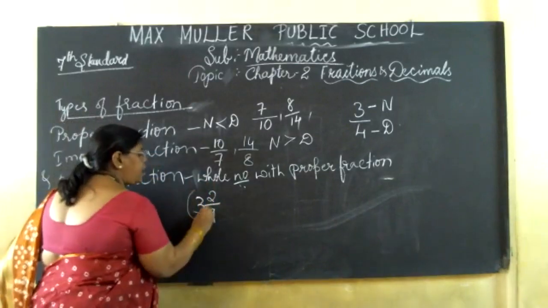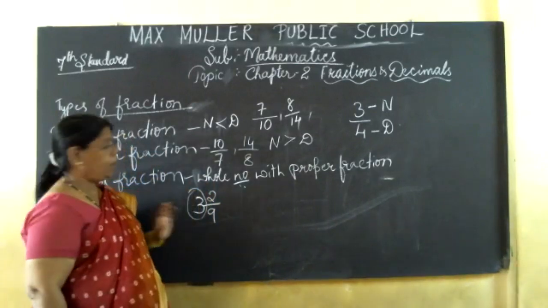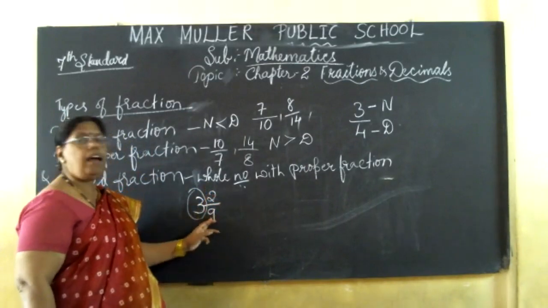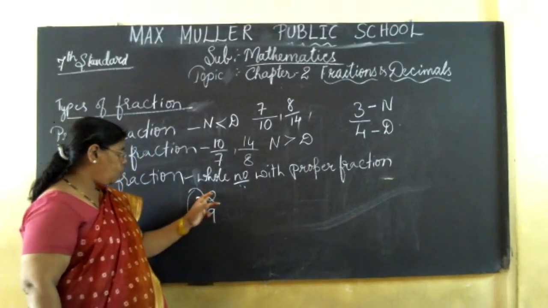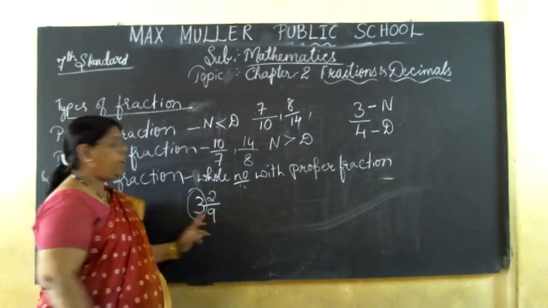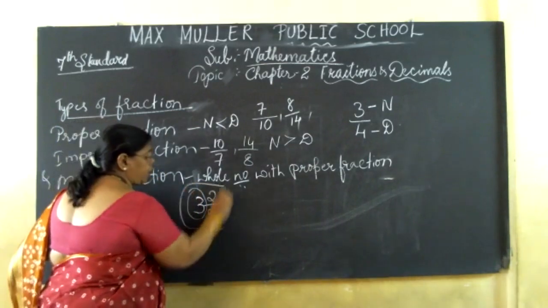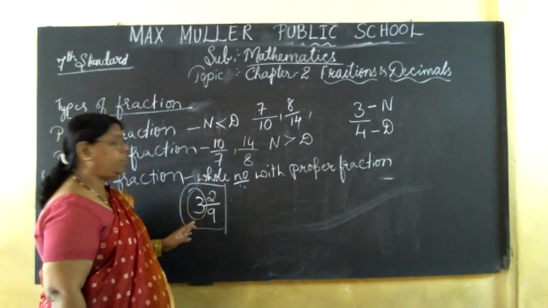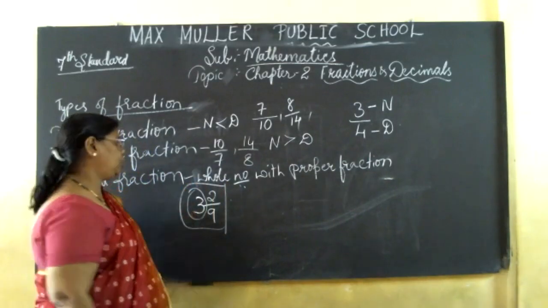See, 3 is a whole number and 2 by 9 is a proper fraction, where the numerator is lesser than the denominator. This is called the mixed fraction.